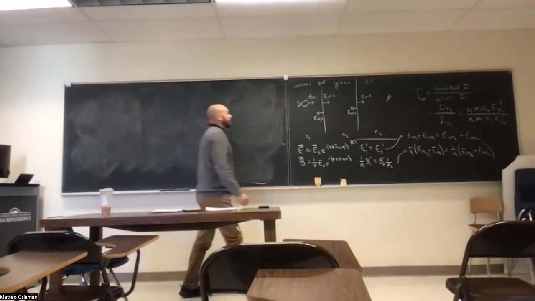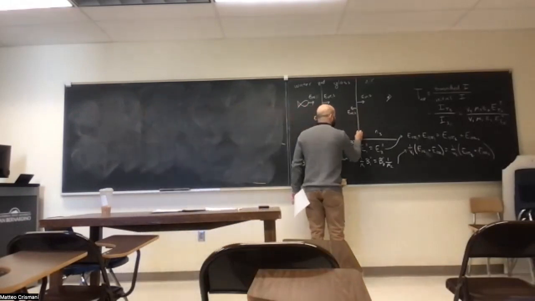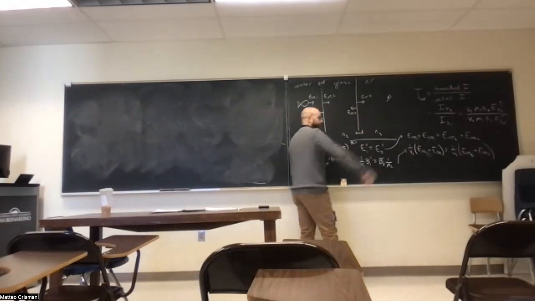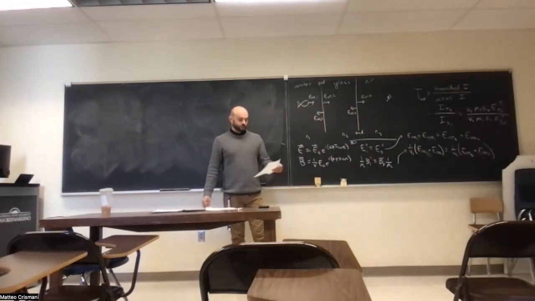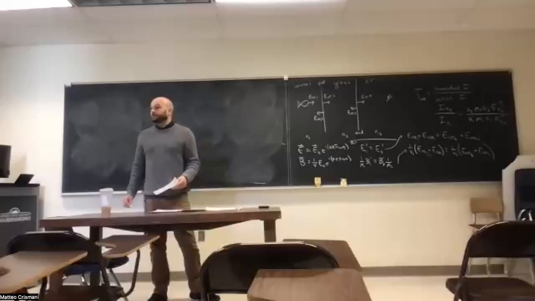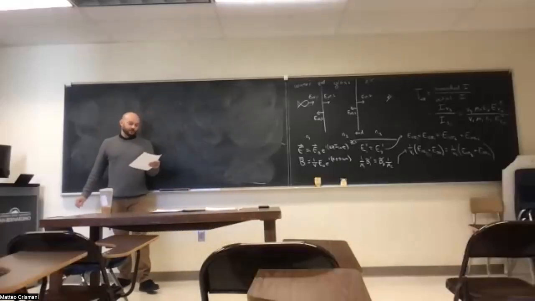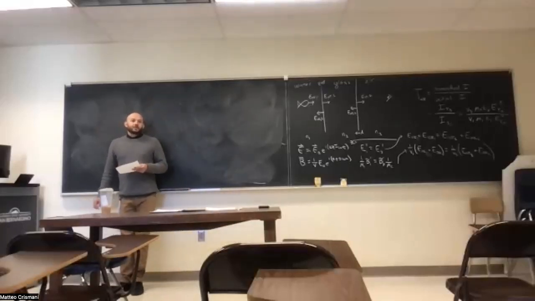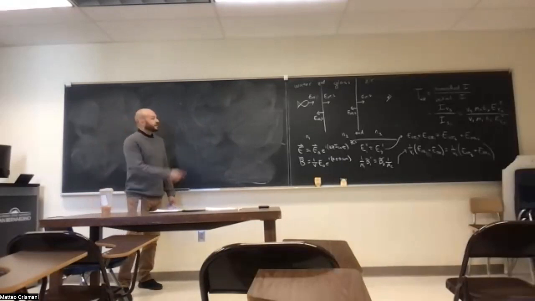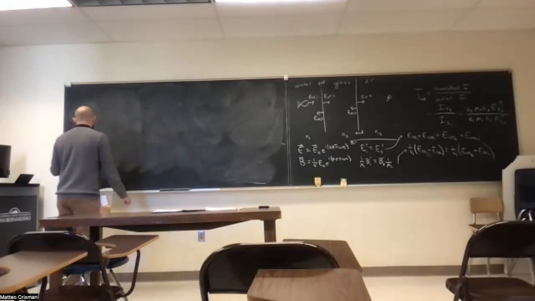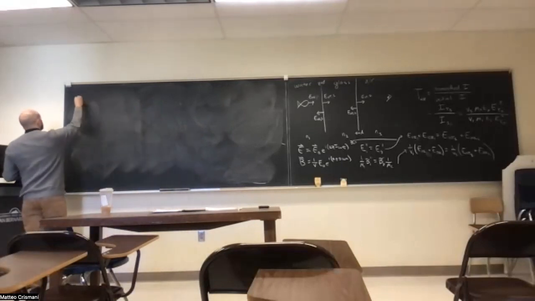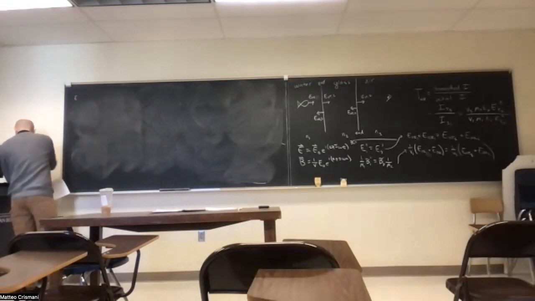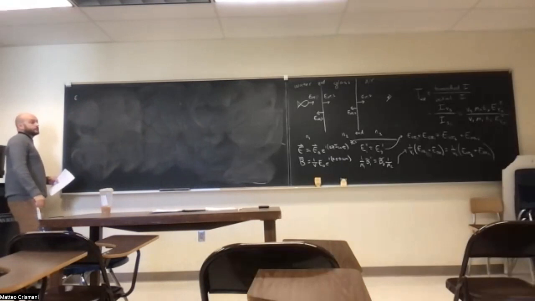Do it all wrong. Okay, let's imagine that this is z equals d. Still going to take time equals 0 here. Just imagine time equals 0. So now what does E look like, just generally speaking, at that location? It's still parallel.